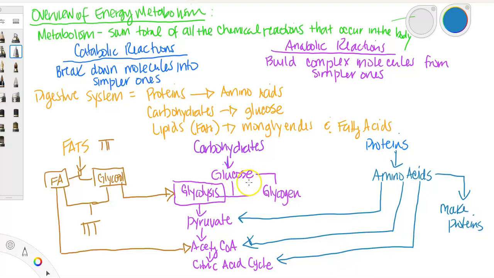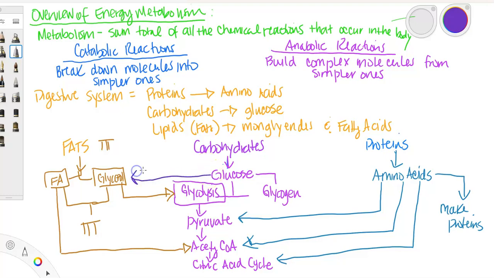Okay, so going back to glucose, we've just talked about how glucose is used to make energy and to store energy. It can also be used or stored long term by being converted to a fat.